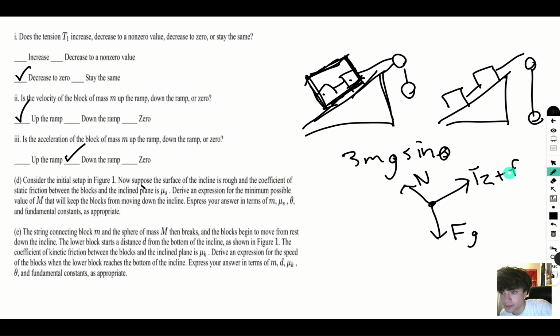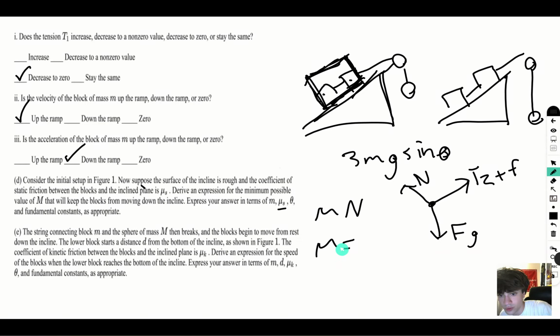So we know that friction is simply mu normal. We're told our mu, we're just going to write it as mu, so let's find an expression for our normal force. You know that our normal force is being counteracted by the vertical component of gravity, which is mg cosine theta.